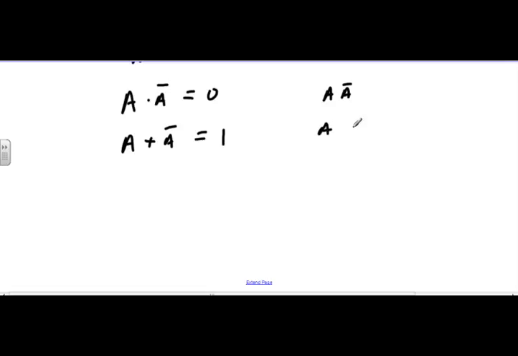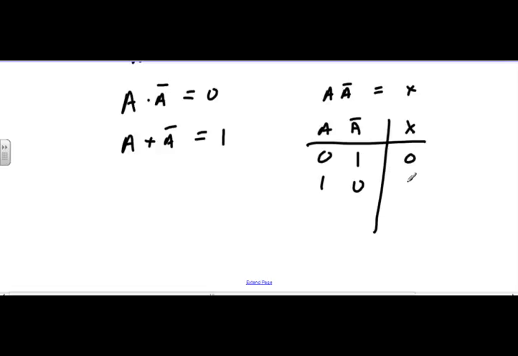Truth table. A, A naught, X. 0, 1, 1, 0, 0, 0. A and A naught has to be false, because one of those two, either A or A naught, is false.